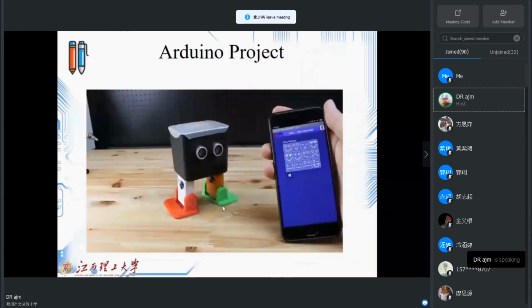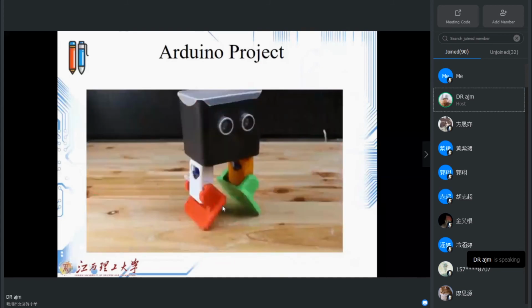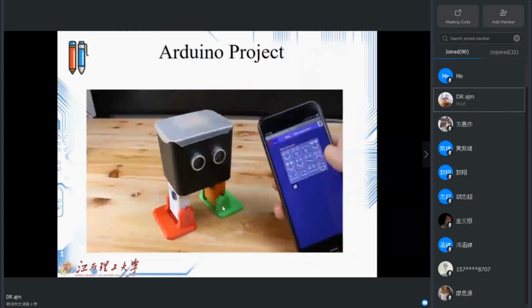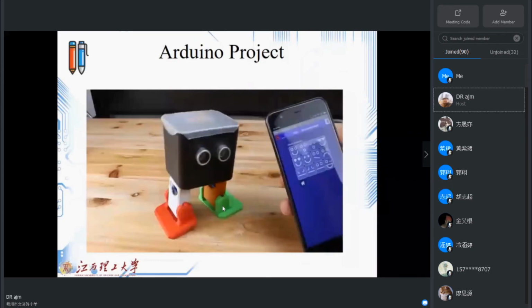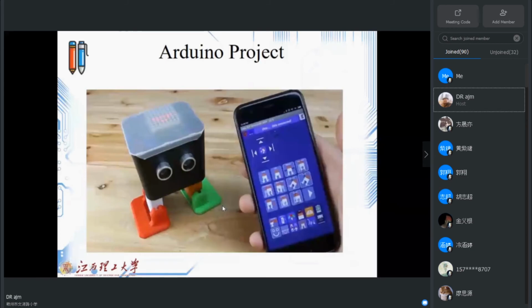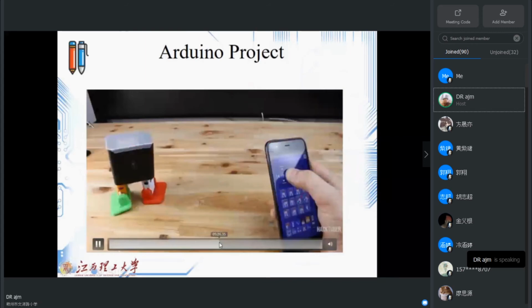Then they can generate different sounds, and the robots will be controlled by this.